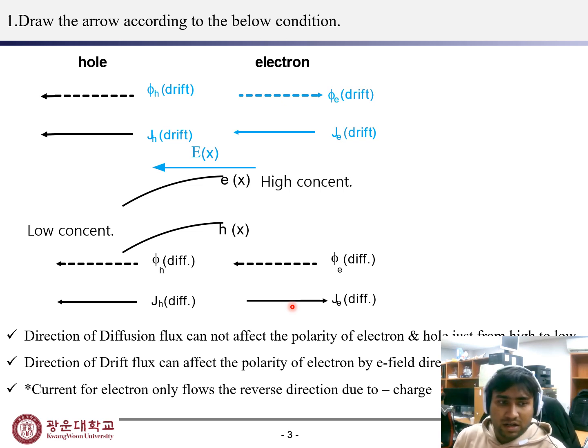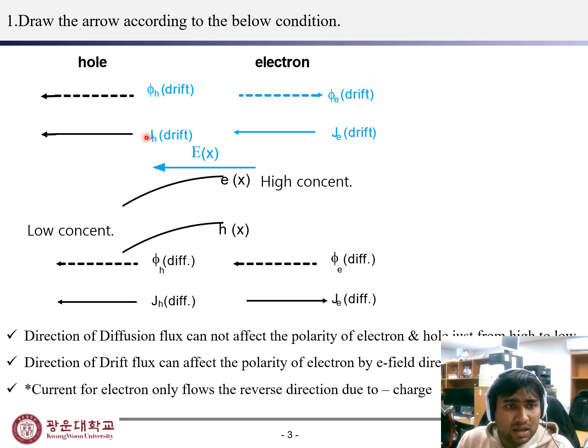Electron current flows only in the reverse direction of electron flow, that's why the diffusion current of the electron is in the opposite direction, from this to this. Here when we apply external bias, holes go to the negative polarity and electron flux goes to the positive polarity.